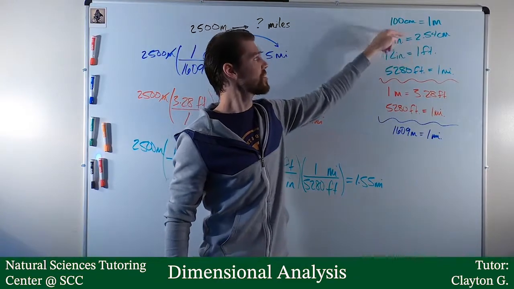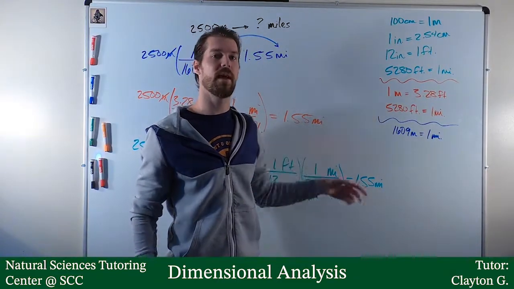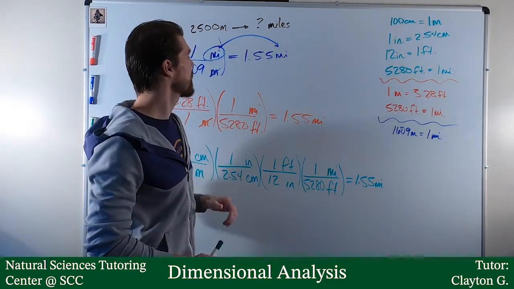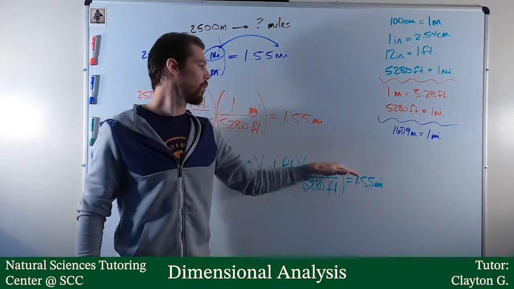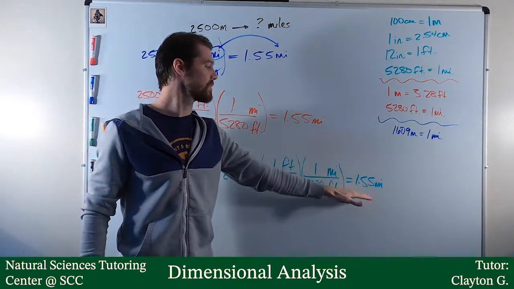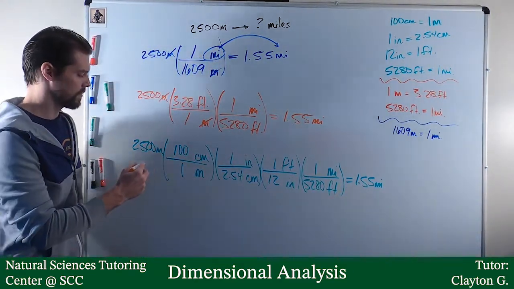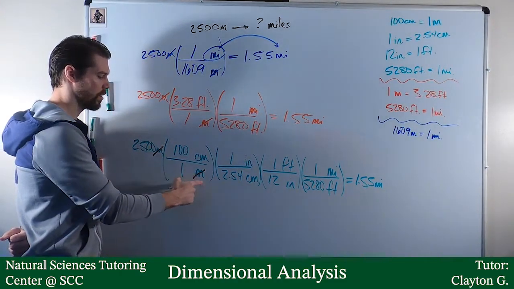But I was forced down this pathway because I didn't know these other two that may have been simpler. So that's just to show that as long as you're using true statements, we will get the same exact answer.